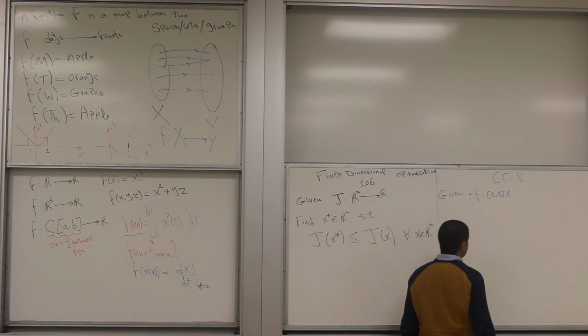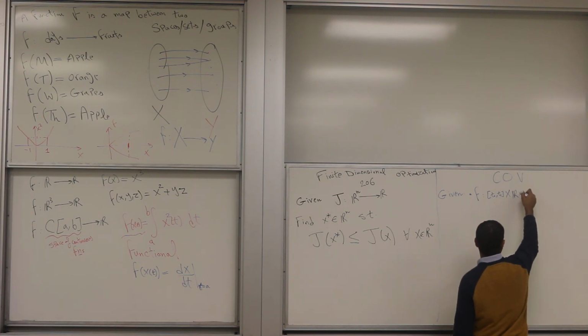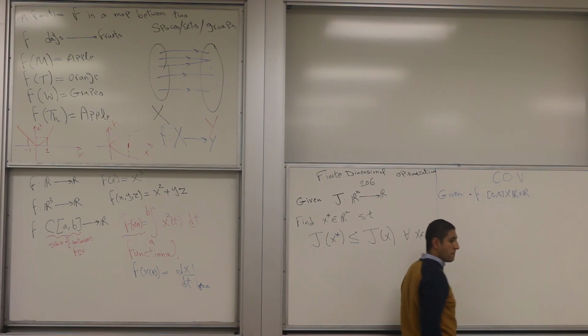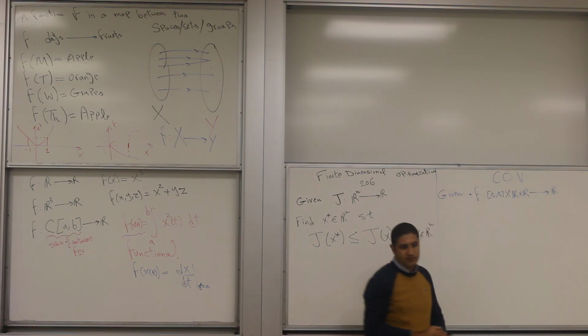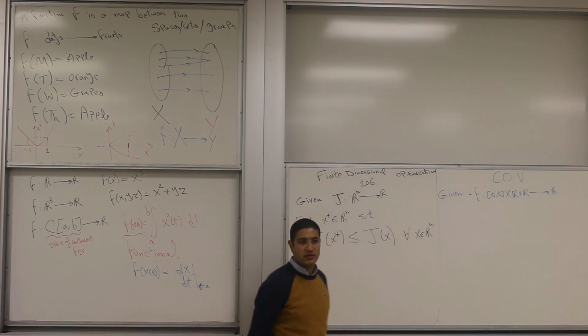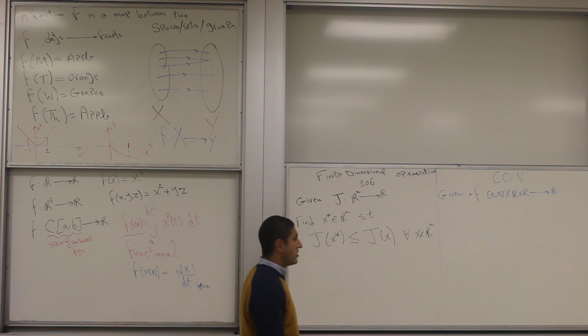Takes three variables. I could write R3, but I will write it like this. And gives you a real number. So it's a function of three variables, just like we used to. Takes three variables, gives me some real number.